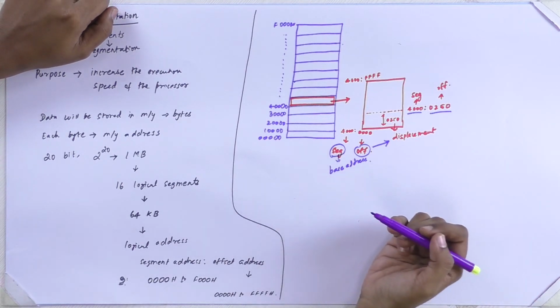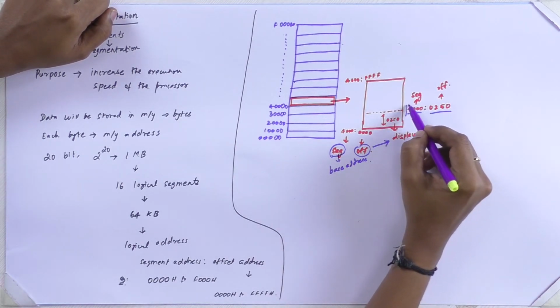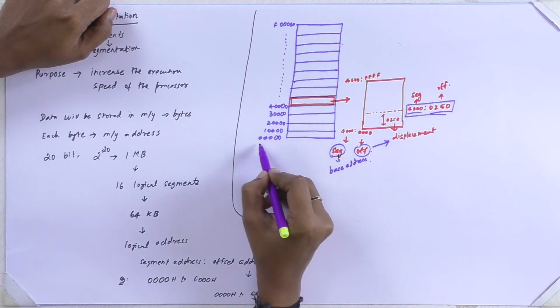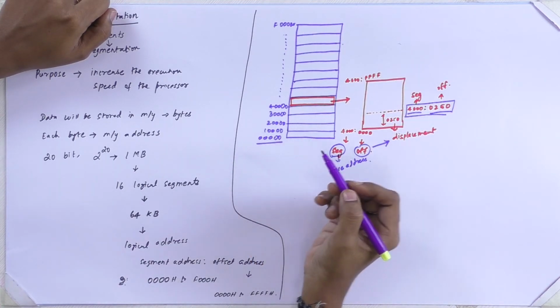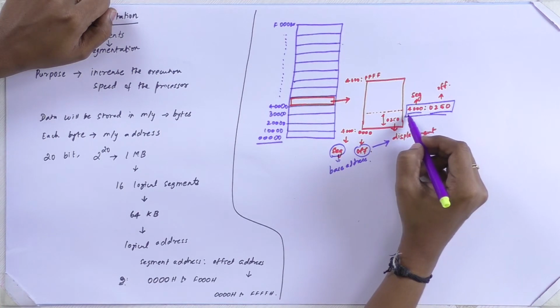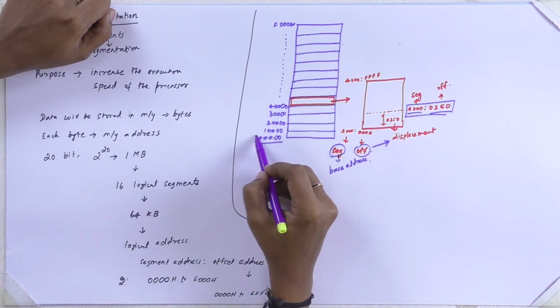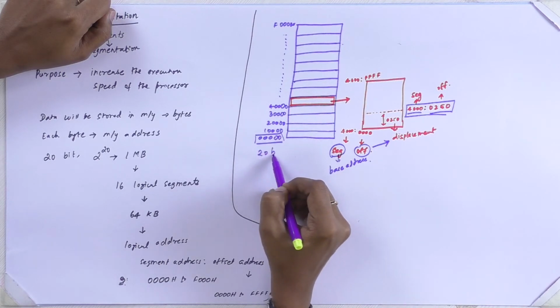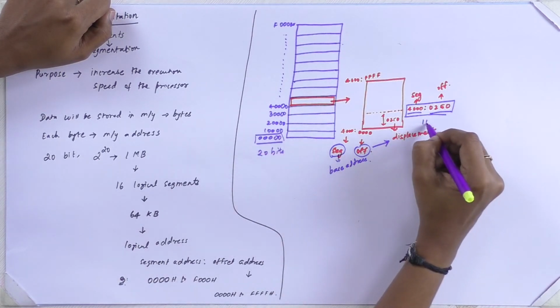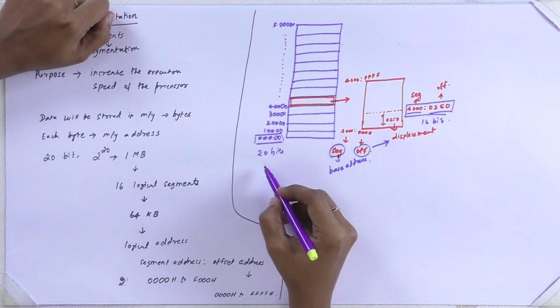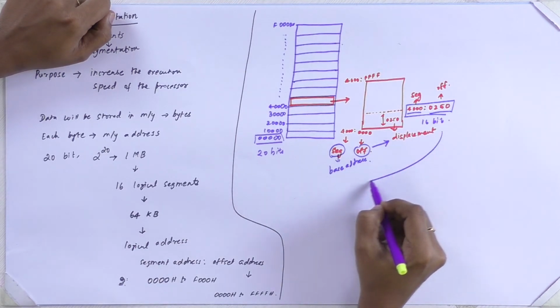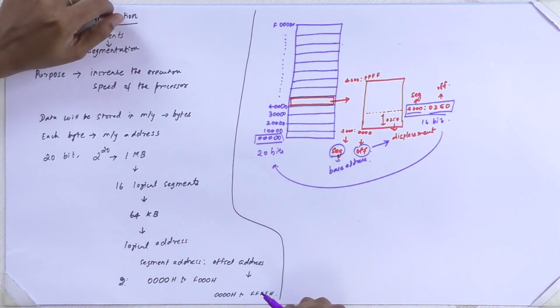Now, let us discuss how this logical address is converted to the physical address, which is of 20 bits. Here, the segment address and offset address are each made up of 16 bits, but the physical address value is made up of 20 bits. Now, let us discuss how the 16 bits are converted to 20 bits.